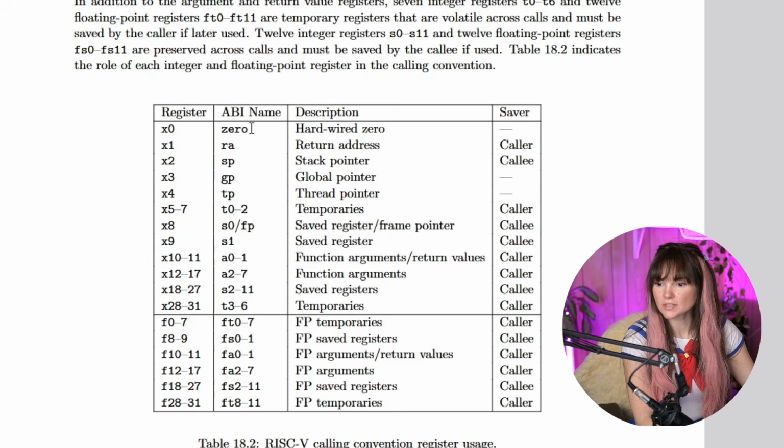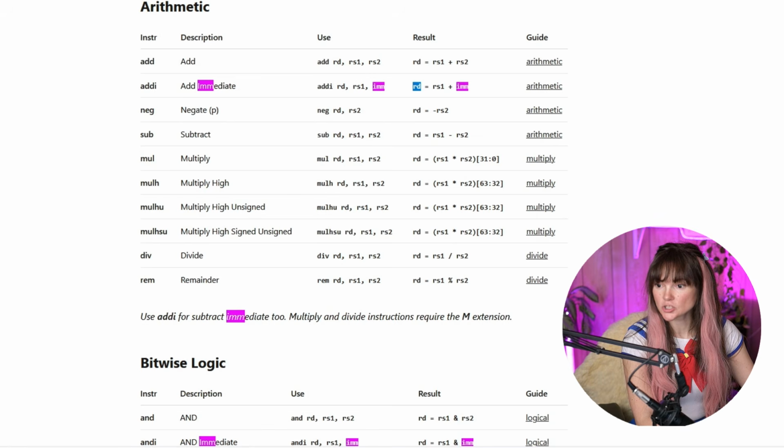Okay, so let's look at the registers. See, we have sp, the stack pointer, which is a special register, and this is the register we're going to be using to work with our stack pointer. And now we want to look at the instructions. The first instruction would be just an add instruction, because we're going to be adding an immediate value of -1 to our stack pointer.